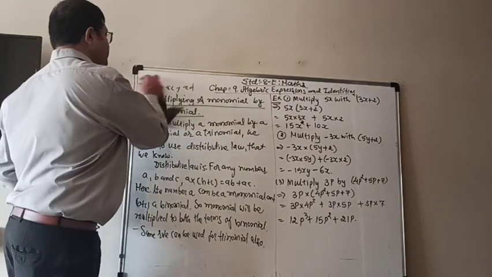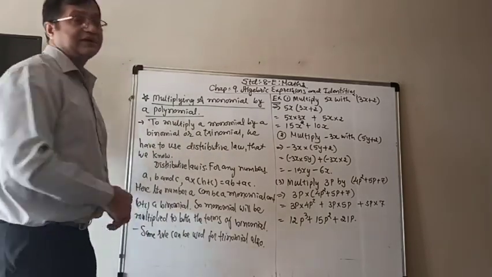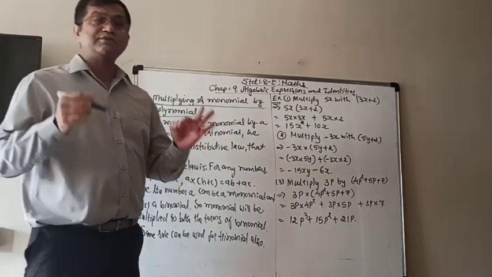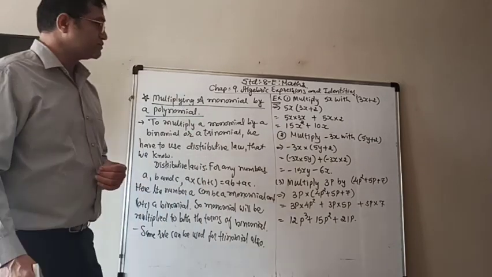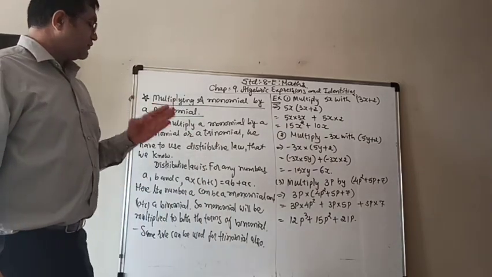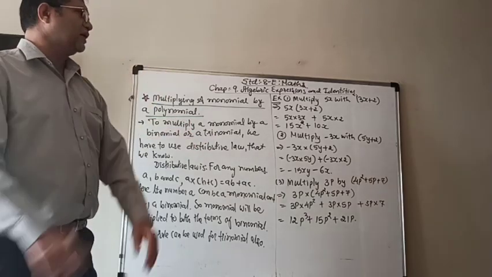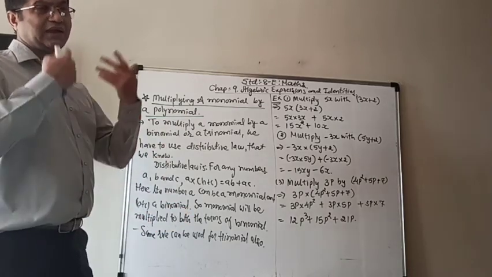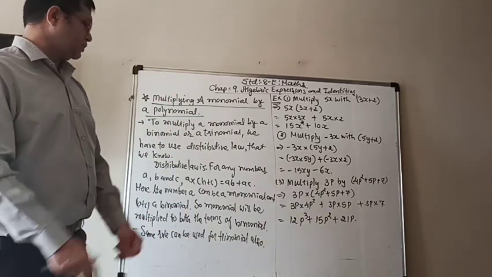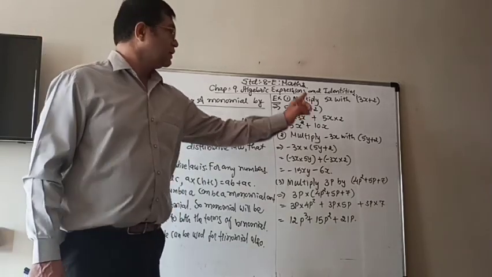And we can carry on the multiplication like that. So the distributive property is very, very important here. And then we can multiply any monomial with any binomial or trinomial, or with more terms also. Let us understand with some examples.